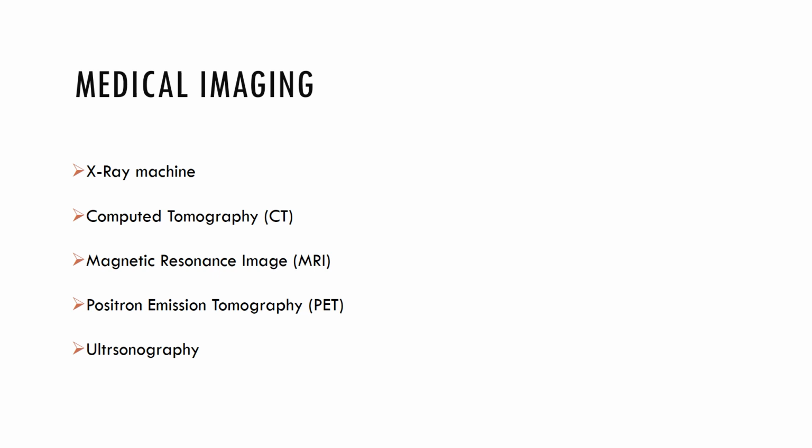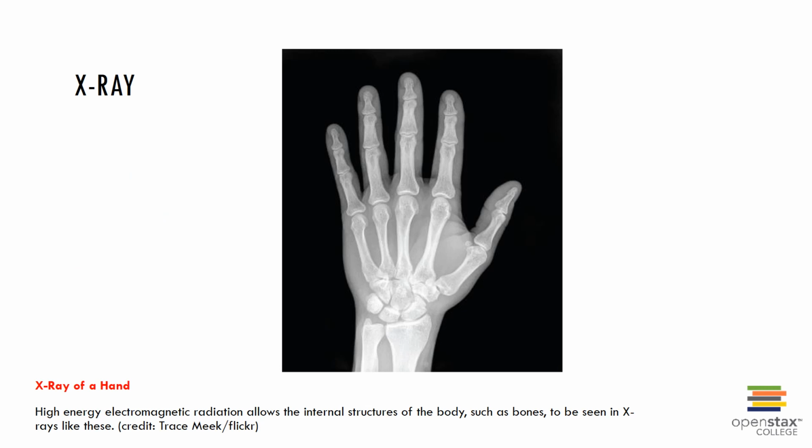And you're going to see some examples of those next. So an X-ray is a high energy electromagnetic radiation, which allows us to see internal structures of the body like our bones. So if you've ever broken a bone or had suspected breaking a bone, you may have had an X-ray taken.